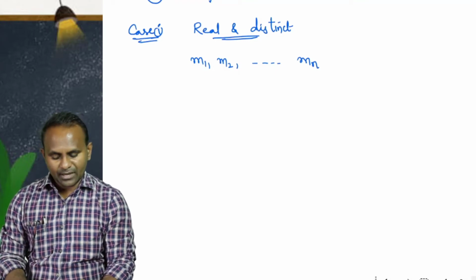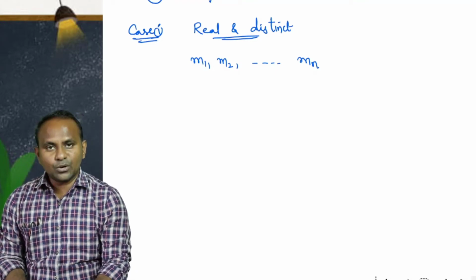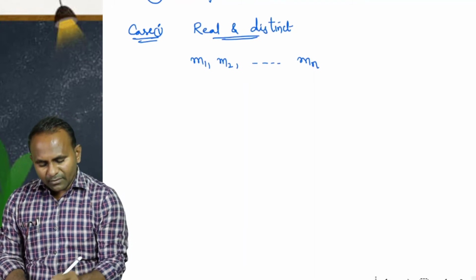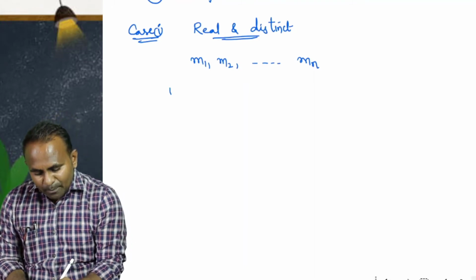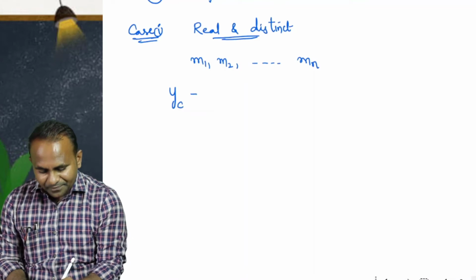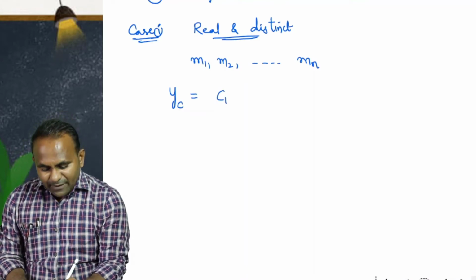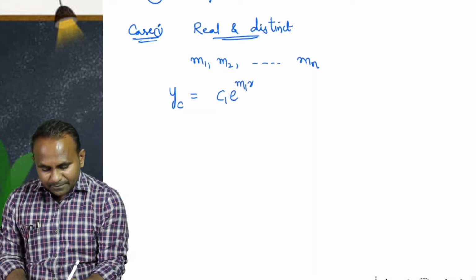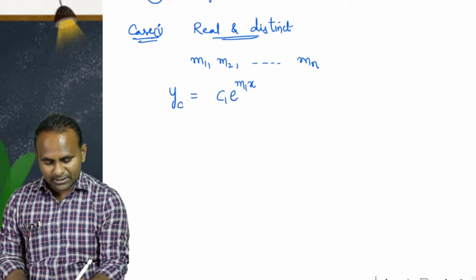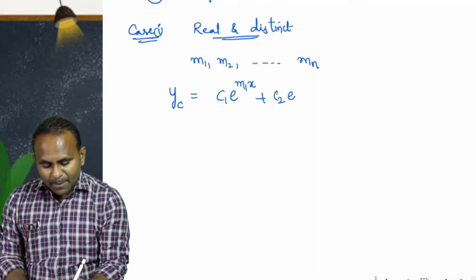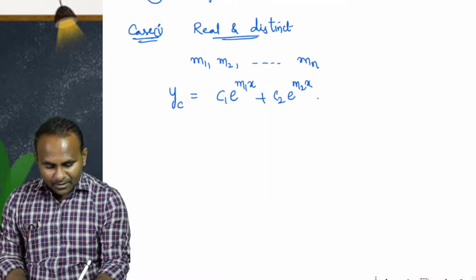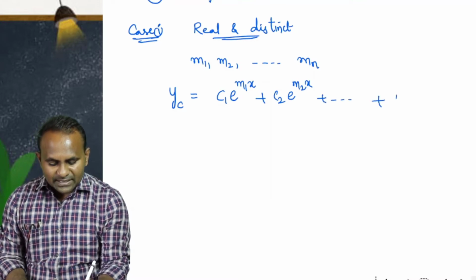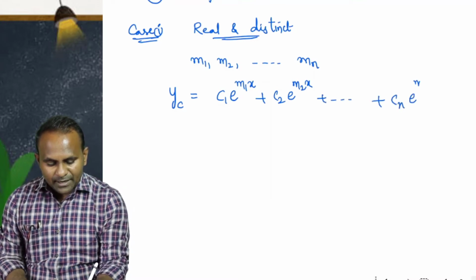If these are the n roots of the auxiliary equation, then you simply write the complementary function yc as c1 e power m1x, where c1 is an arbitrary constant, plus c2 e power m2x, plus and so on, plus cn e power mnx.